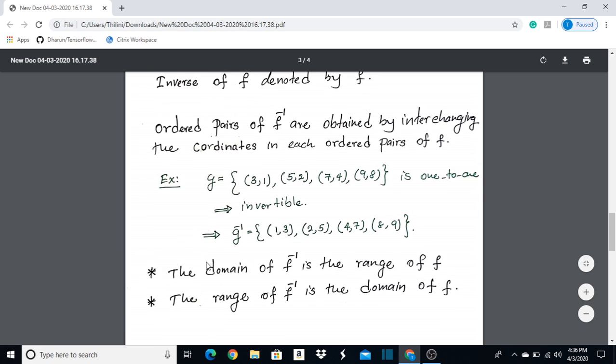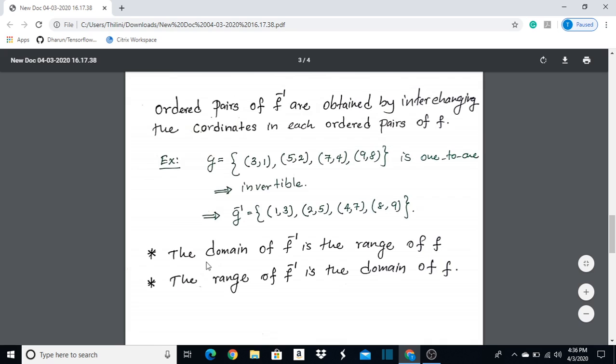Now one thing that we can observe here is that the domain of the inverse function is the range of the f function. For example, the domain of the g inverse function is 1, 2, 4, and 8.